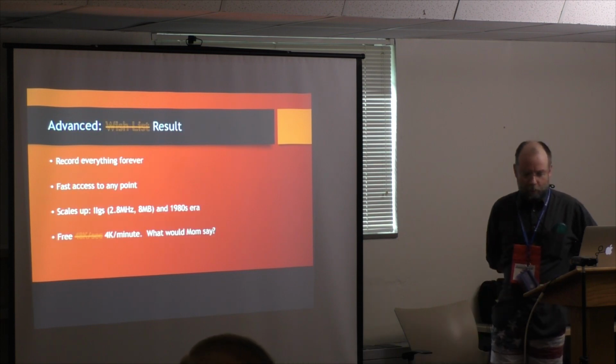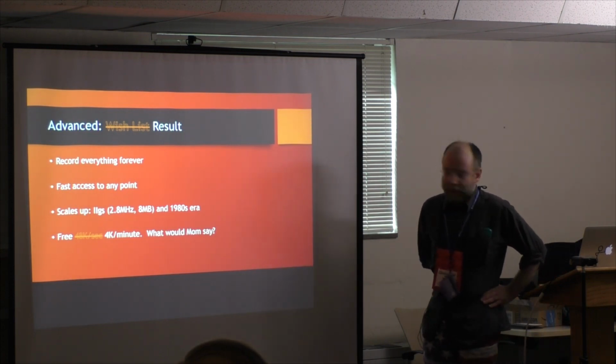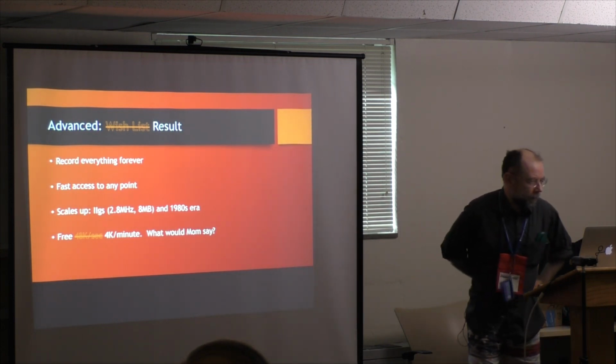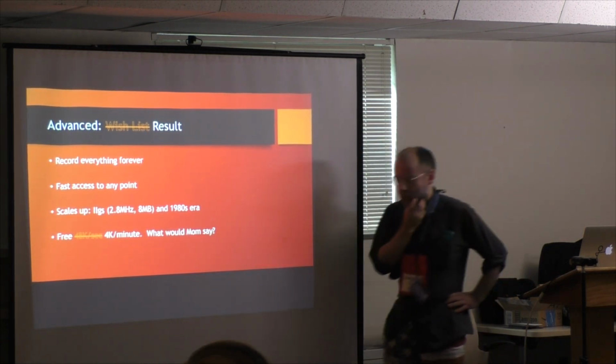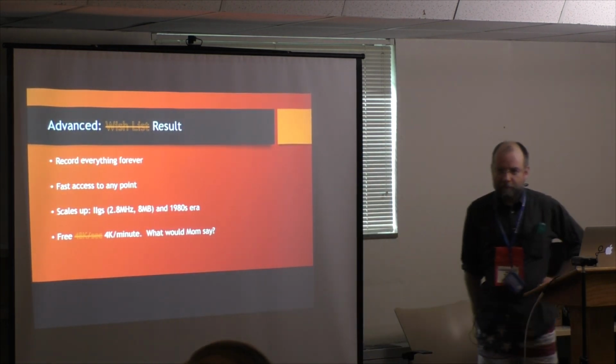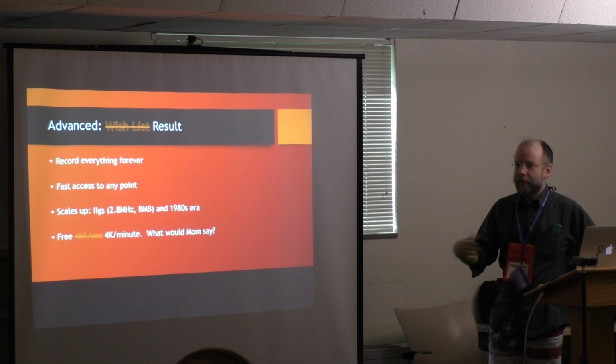Okay, so let's revisit our wish list. And we did pretty well. Let me go to the bottom first because that's the punchline. Last year I was saving the entire state, so all 48K or 64K or 128K, 10 times a second.